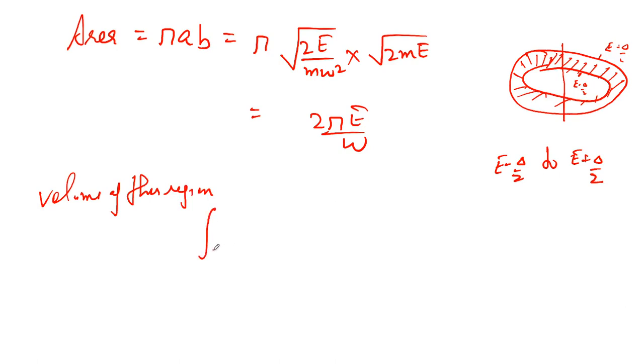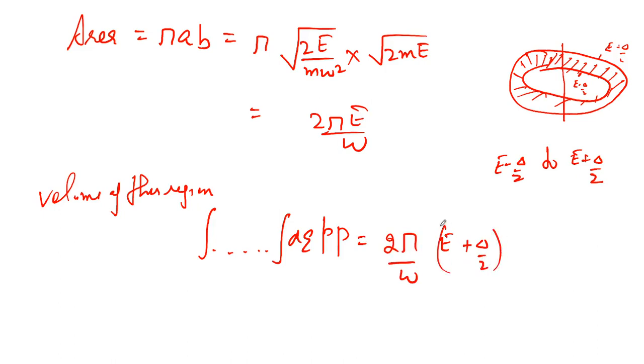Since it is a one-dimensional problem, this will be equal to the integral of dq into dp, and this comes out to be equal to 2 pi over omega, and the value of E lying within the energy value from E minus delta by 2 to E plus delta by 2.